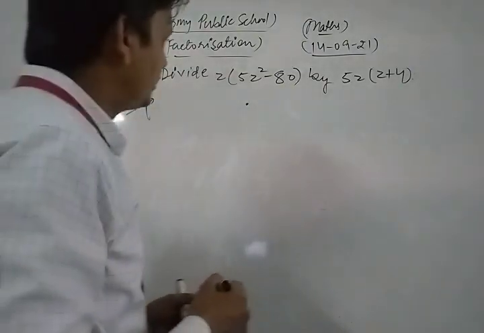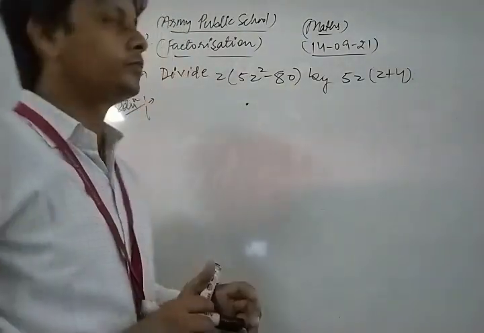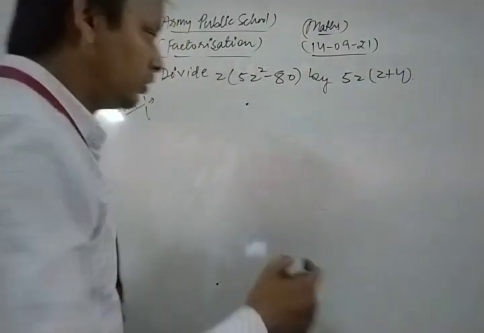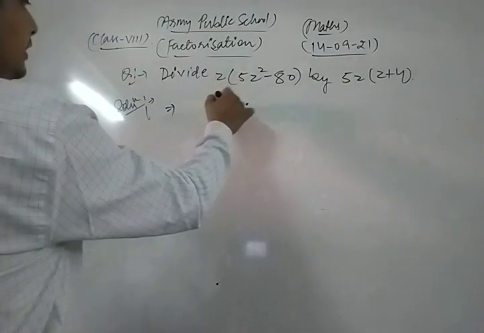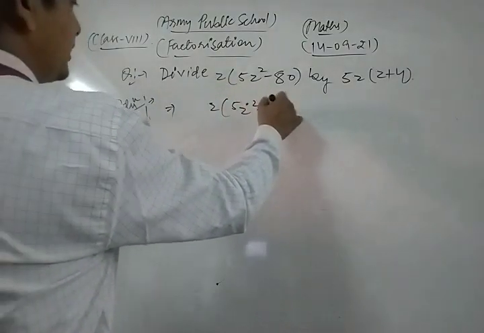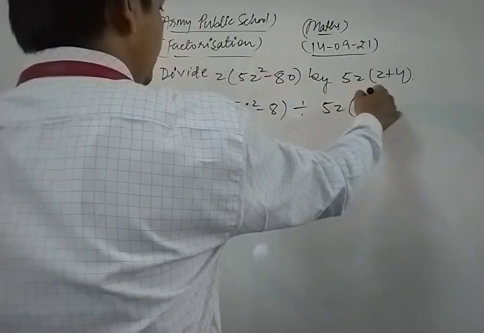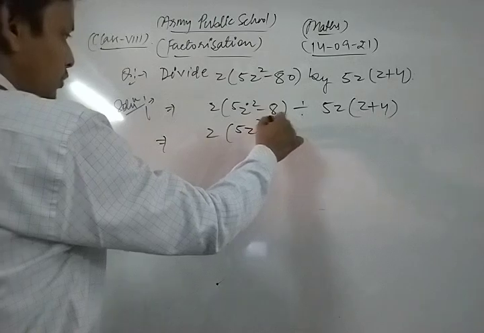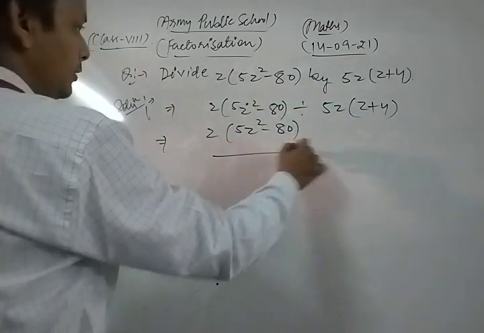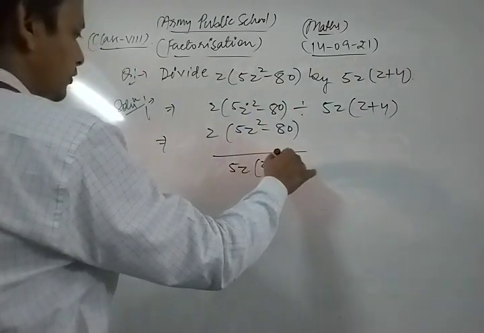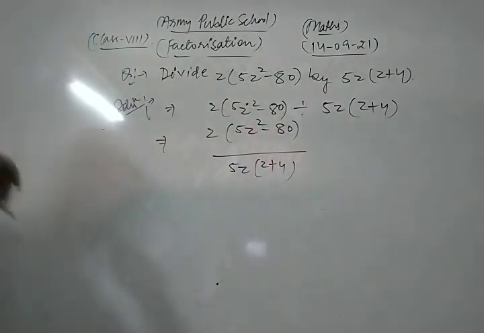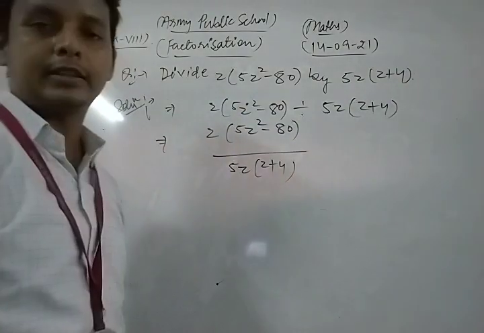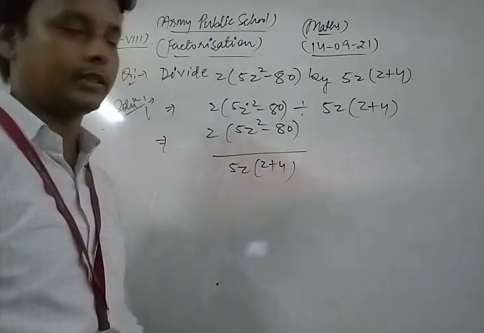So we divide z(5z square minus 80) by 5z(z plus 4). First we write z(5z square minus 80) divided by 5z(z plus 4). Now we observe some common factors in these two terms, 5z square minus 80.